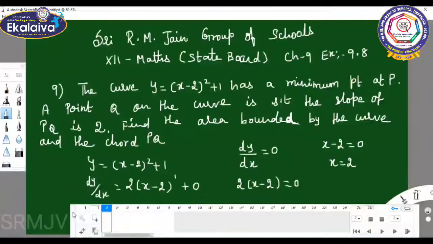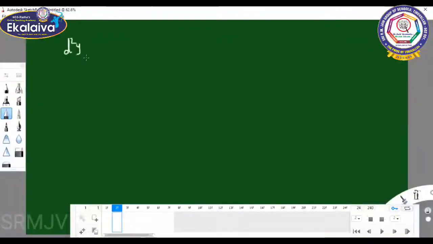Then you have to differentiate again. d square y by dx square equal to 2 into 1 minus 0, because 2 is constant. So d square y by dx square equal to 2.